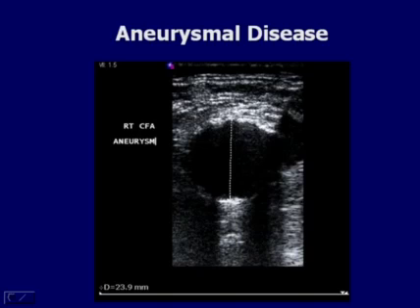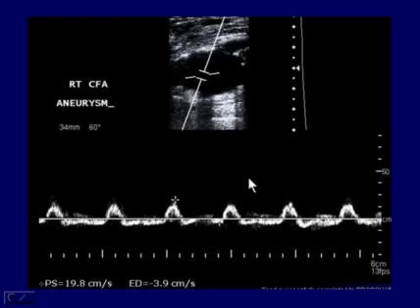So sometimes a smaller overall measurement may be more significant, particularly in a female who has smaller arteries to begin with. This common femoral artery is about 2.4 centimeters, pretty big considering that most common femoral arteries are around a centimeter or less. That is quite a significant increase, and reflects aneurysmal disease.